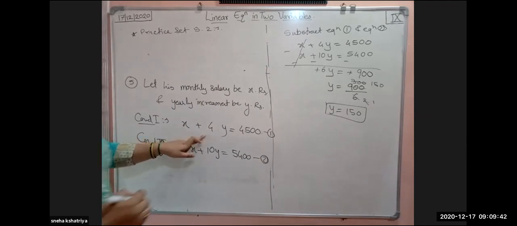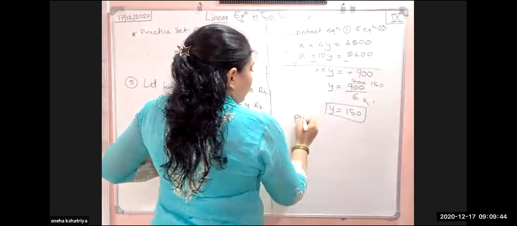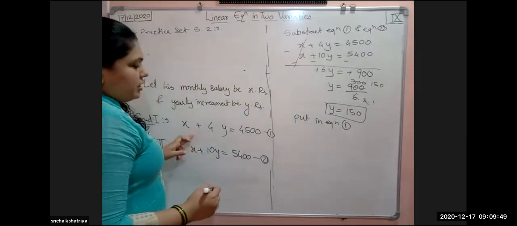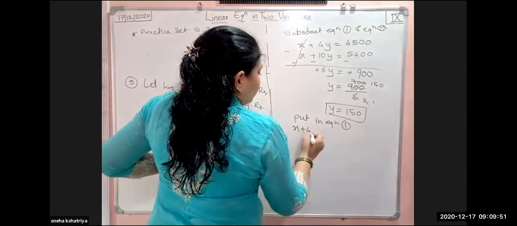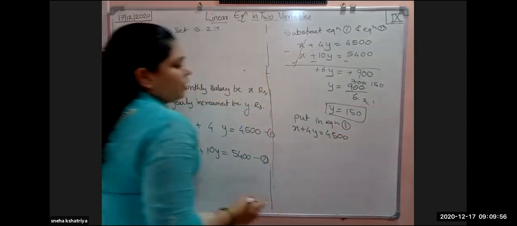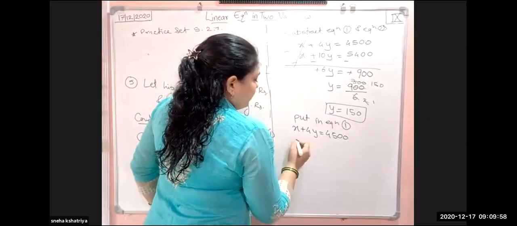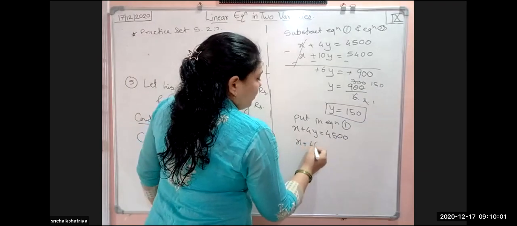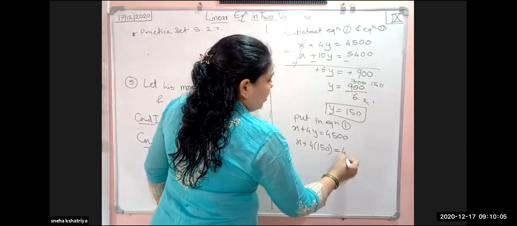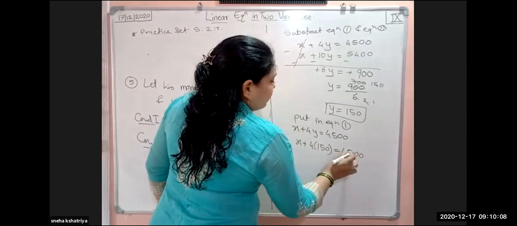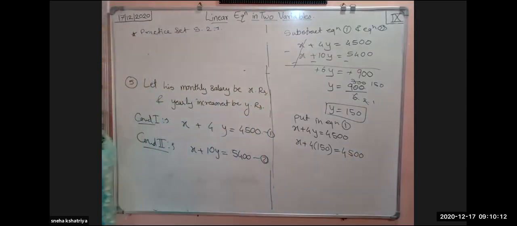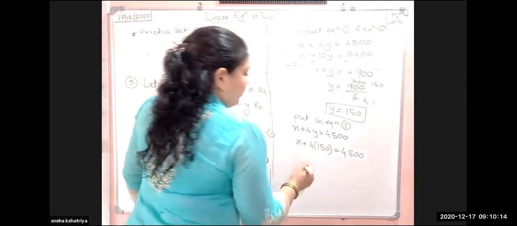Okay, so we will put it in equation number 1. What is equation 1? x plus 4y is equal to 4500. Put the value: x plus 4 into 150, since the y value is 150, is equal to 4500. 15 4s are 60.